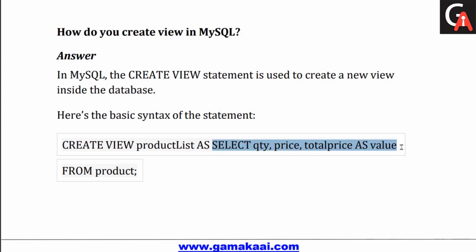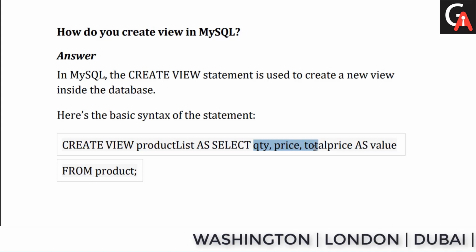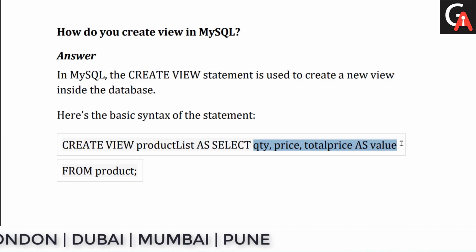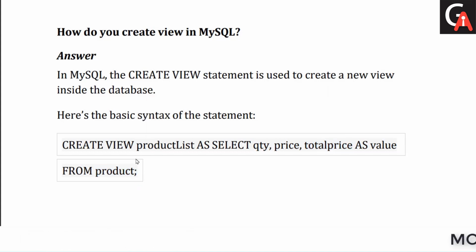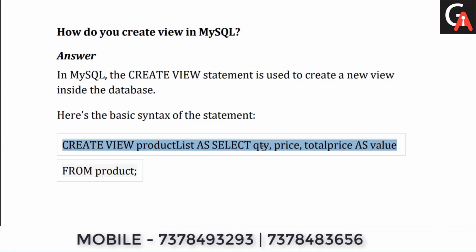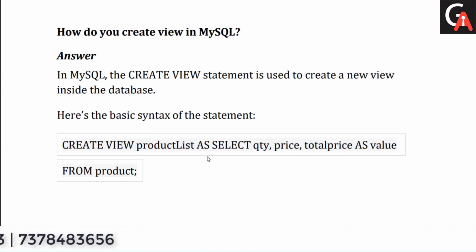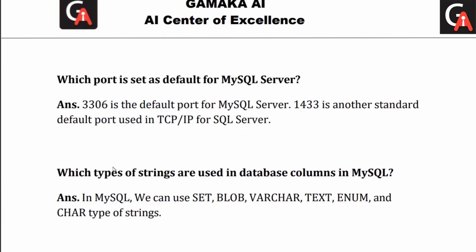For demonstration purposes, I'll write a simple statement. You just retrieve columns like quantity, price, and total price, which is an alias, from the product table, and this is stored inside the view. So whenever I need to see the records related to quantity, price and total price, I just need to call this view, so I select from this view again.